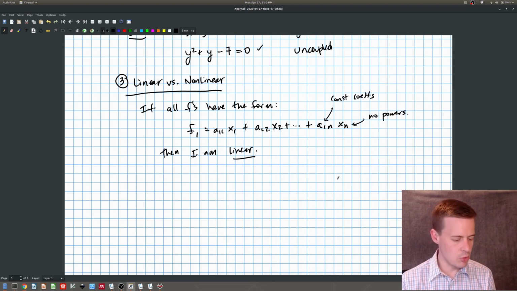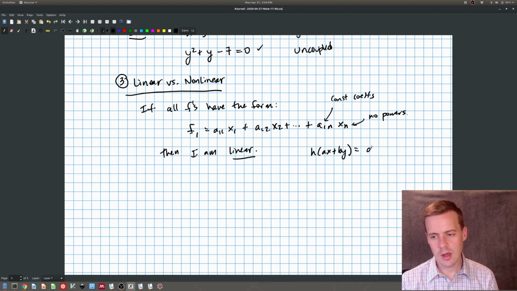There's actually a more general way of defining something as linear. Maybe you learned something like h of ax plus by is equal to a h of x plus b h of y.